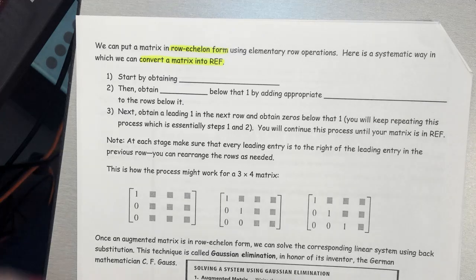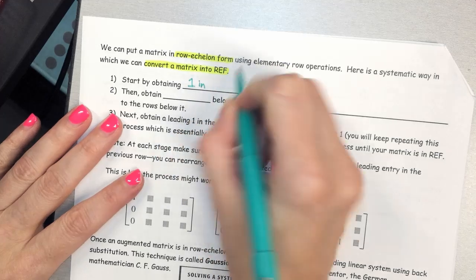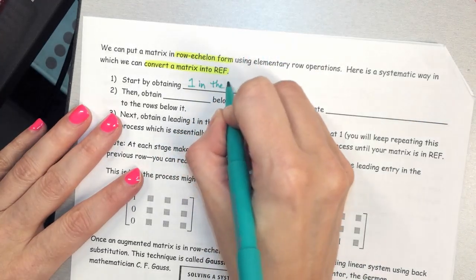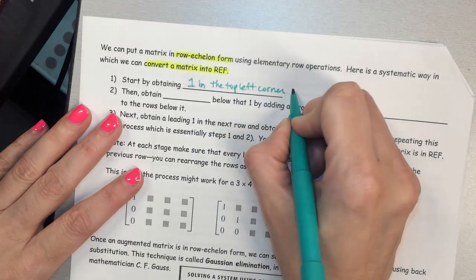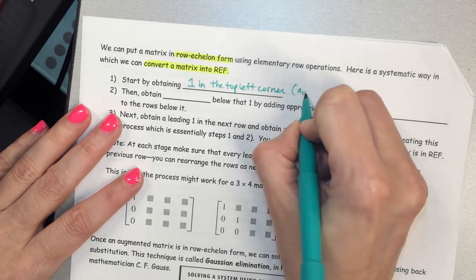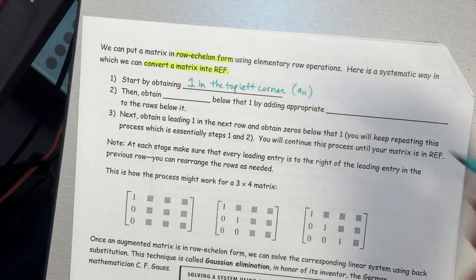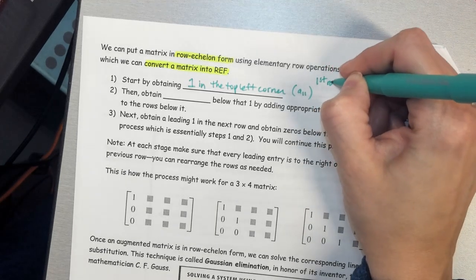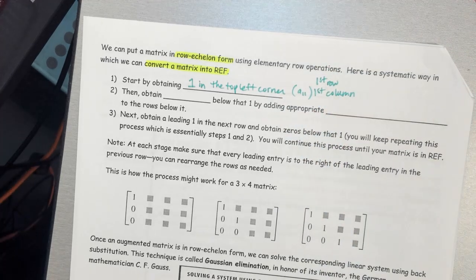So we're going to start by obtaining a 1 in the top left corner. Okay, is it okay if I call it A11? Remember that means first row, first column from yesterday? First row, first column. Okay.